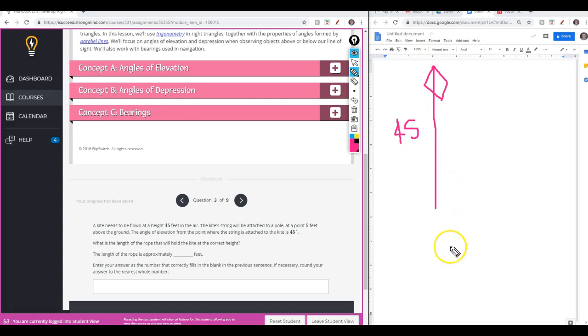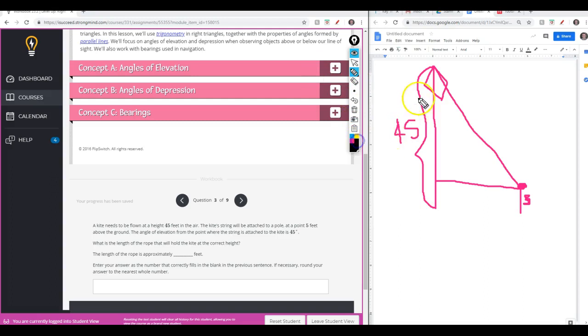And there will be this string that's going to be attached to a pole, at a point 5 feet above the ground. So we know that that is 5 feet. So right here, this whole length is 45 feet.